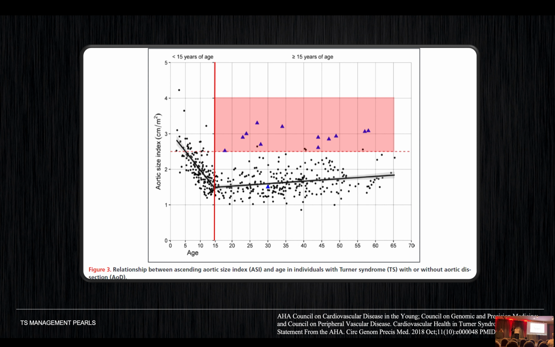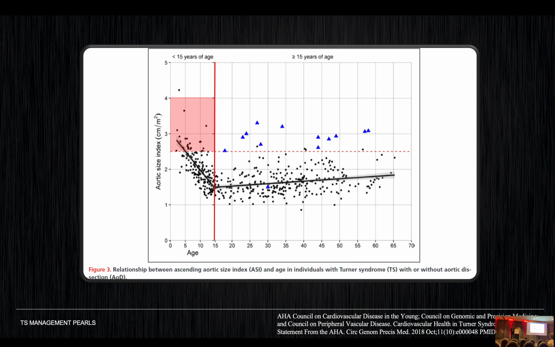On the other hand, in patients that again are older than 15 years of age with an ASI lower than 2.5, they had no dissection, and therefore this is also a very specific marker of aortic dissection. On the other hand, you can see that patients that were younger than 15 years of age but had an ASI greater than 2.5 basically had no dissection.